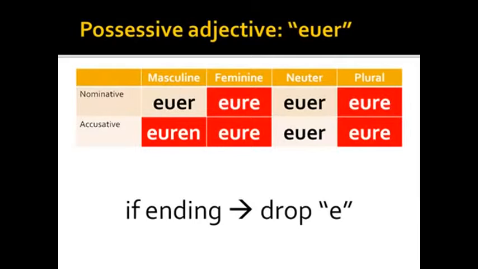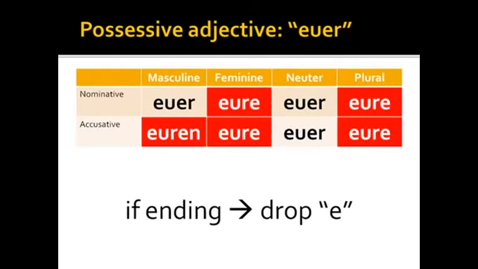So, to summarize, possessive adjectives show, well, possession. Something belongs to me. Something belongs to you. All of the possessive adjectives will be declined in the same way as we would do the indefinite article ein, and that is if we have the Oklahoma box pattern.